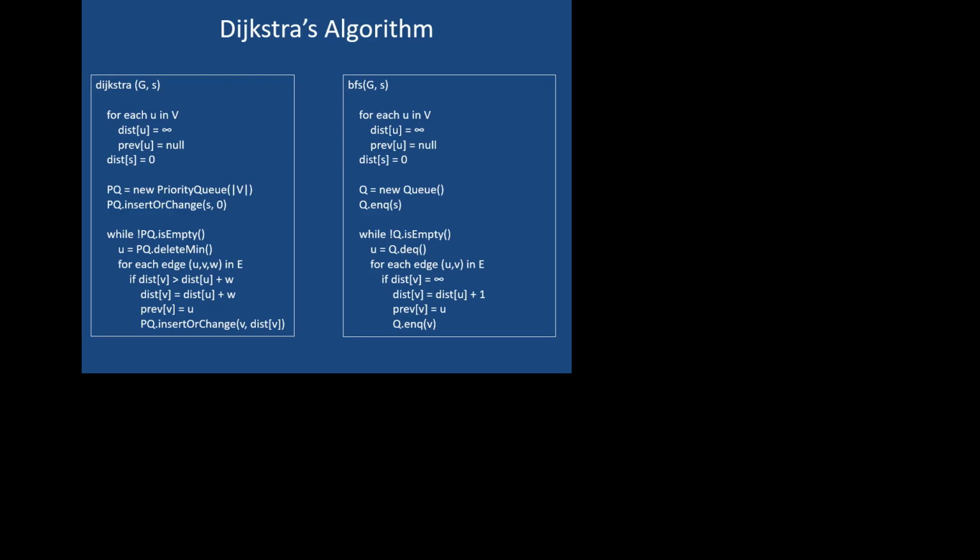Yeah, that's the update operation. So you update every edge out, and when you find a better way to get to V, you've got to go into the priority queue and change the weight of V in the queue, because you found a better way to get there. So that's Dijkstra's algorithm.